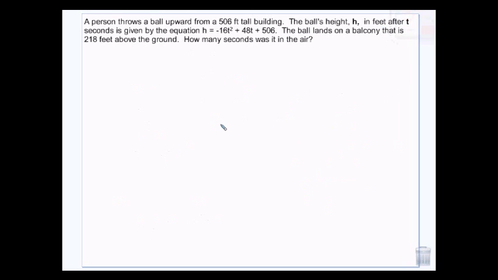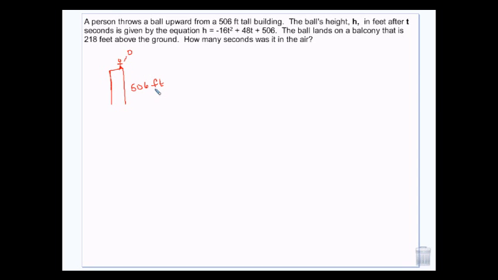Let's try another one. A person throws a ball upward from a building. Here's your building that is 506 feet, and there's a person on top, and he throws a ball. Here's the equation for the ball's height, and then the ball lands on a balcony.